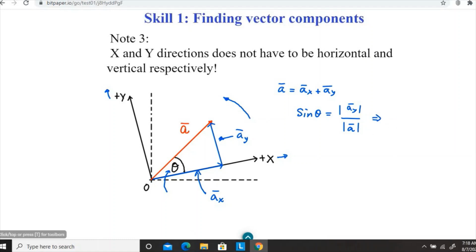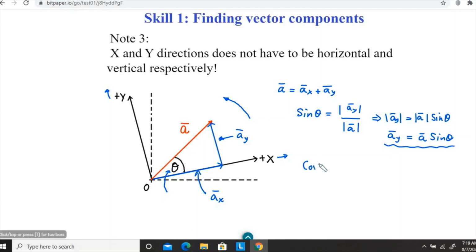So that gives me the magnitude of AY vector is equal to magnitude of A vector times sine theta. Now if you want to represent AY as a vector without the magnitude, then it would be AY equals A vector times sine theta. Now it's a positive sign because you can see the vector AY is in the positive y direction.